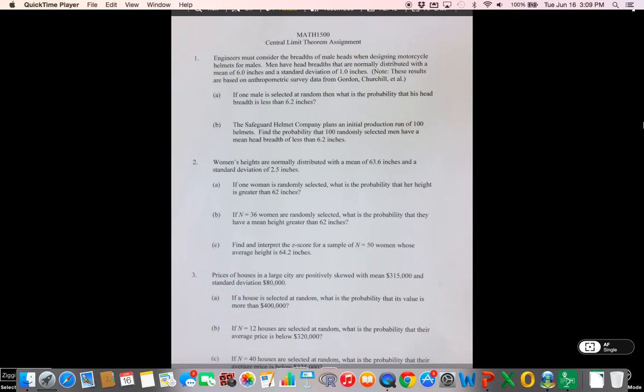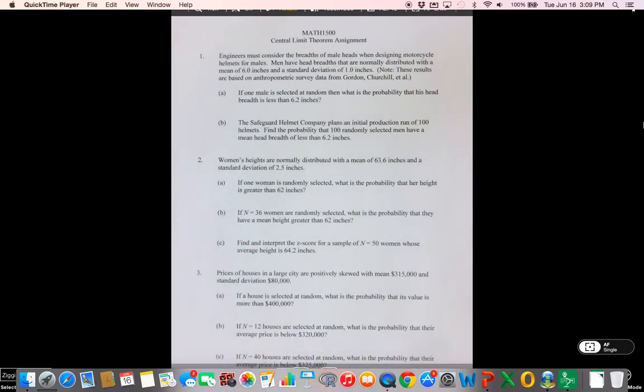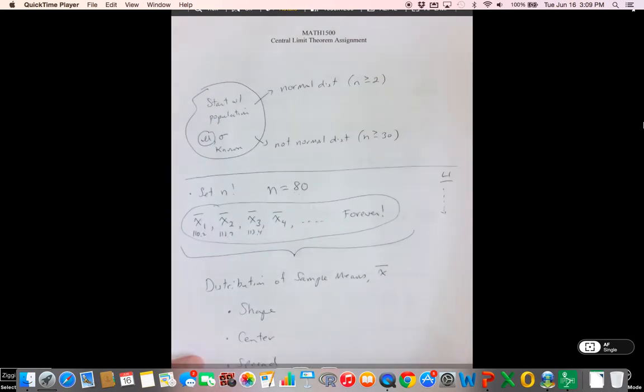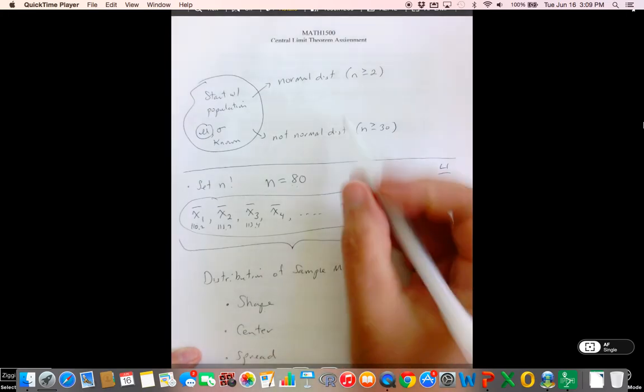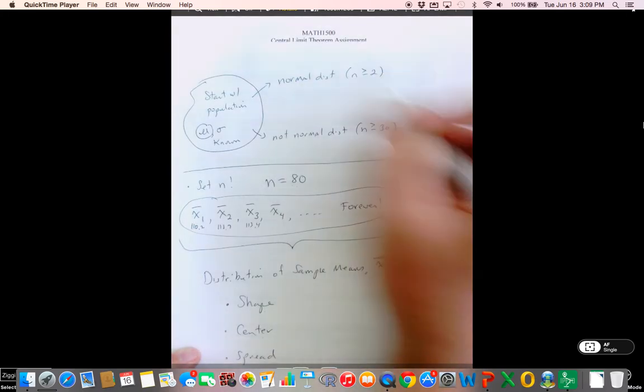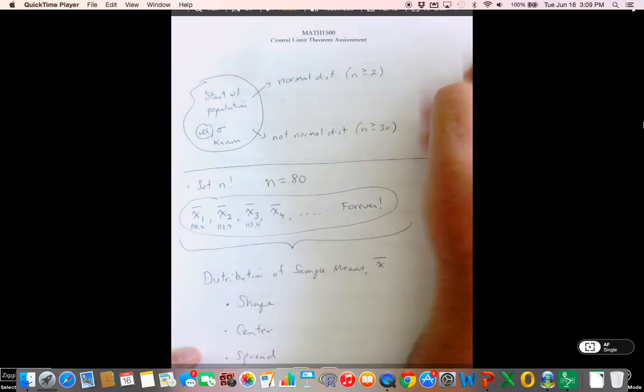These results are based on anthropometric survey data from Gordon and Churchill. So guys, if one male is selected at random, what's the probability that his head breadth is less than 6.2 inches? Now, guys, that problem doesn't apply here because these problems right here deal with means.